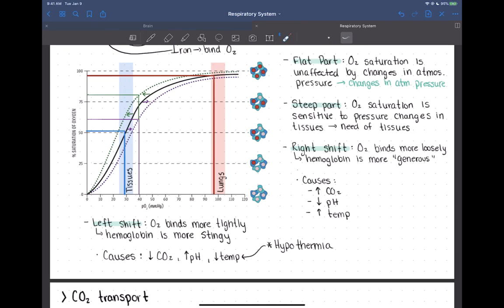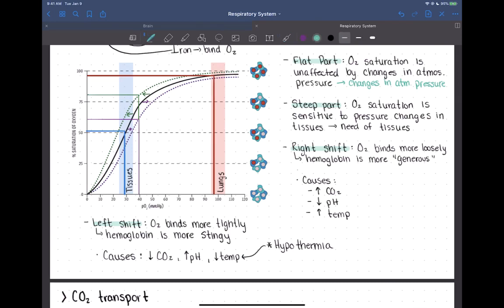Your blood can pick up oxygen just fine, it's well oxygenated, but because your body temperature is so low, it's not giving it up when it gets to the tissues. So with severe prolonged hypothermia, your body can starve for oxygen, and essentially your tissues suffocate, because that hemoglobin is not giving up oxygen.